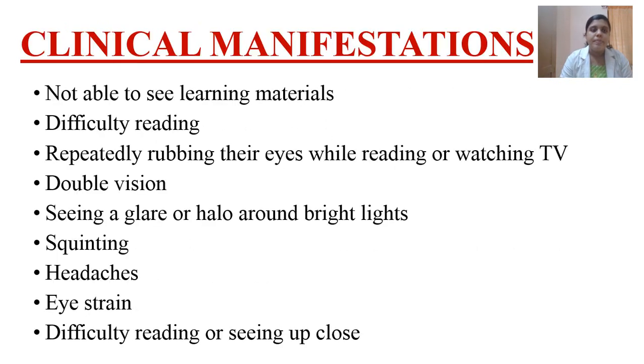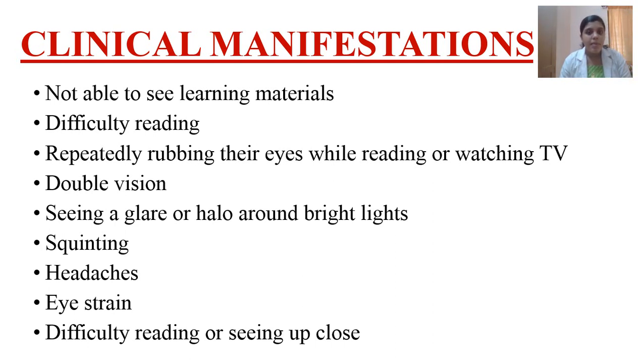Next, the clinical manifestations. The children usually have complaints at school. They won't be able to see the learning materials, the blackboard or the whiteboard. They will have difficulty in reading and will repeatedly rub their eyes while reading or watching TV. The child may complain of double vision, and also of seeing a halo around lights.